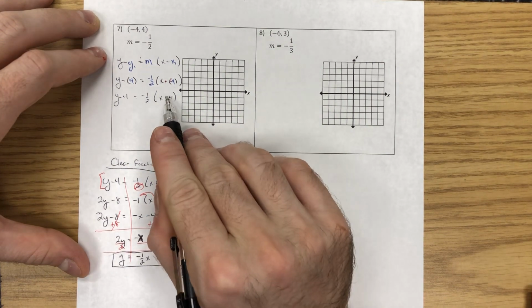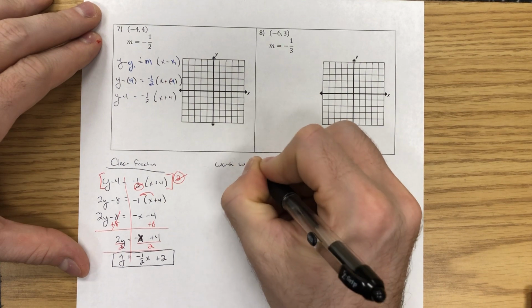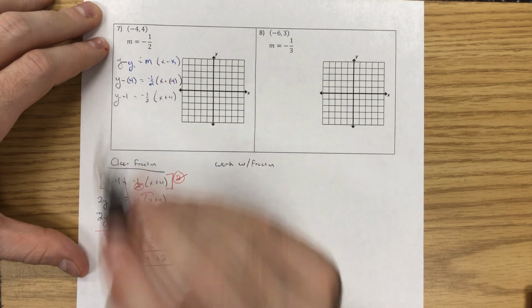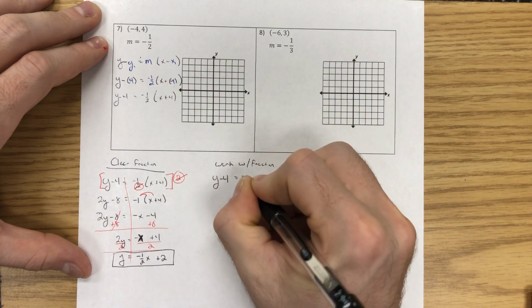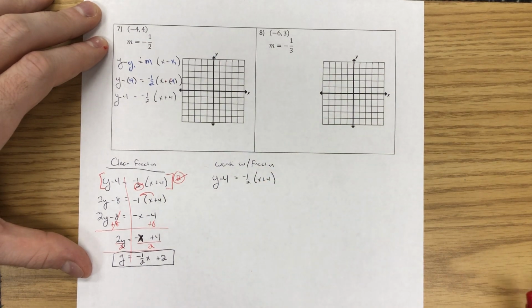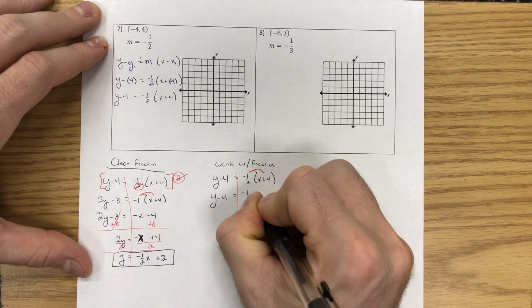Some of you, however, might notice that if I just work with the fraction, that 4 can be divided in half. So we don't actually need to worry about clearing it. It will clear itself. So we could say, hey, when I distribute this, it's okay that I leave a fraction in the beginning. y minus 4 is negative 1/2 x.